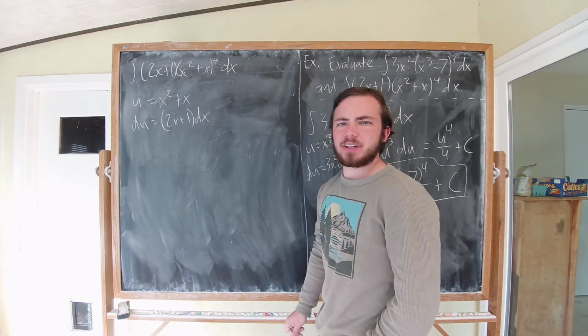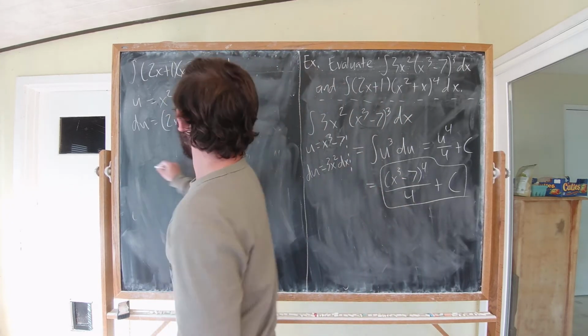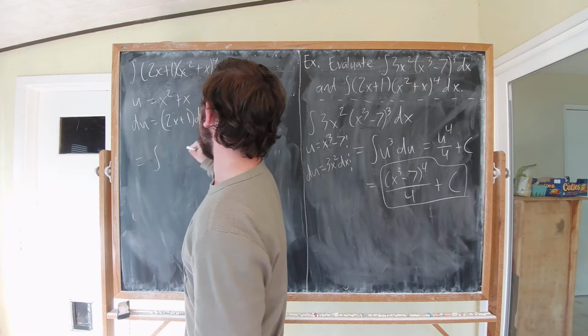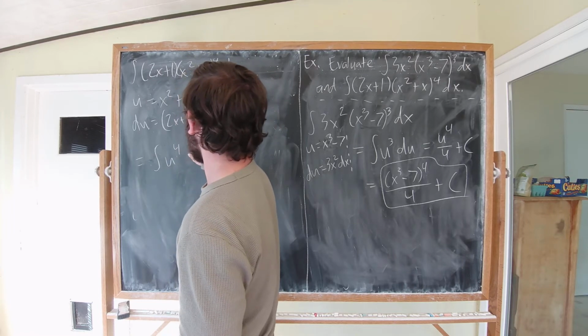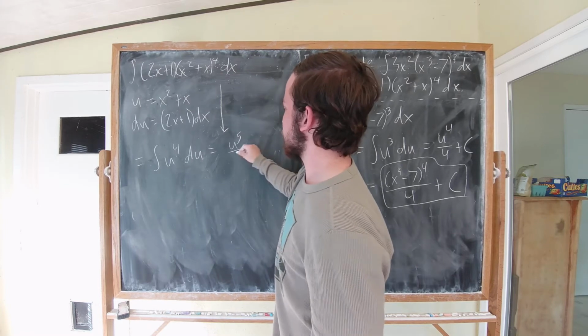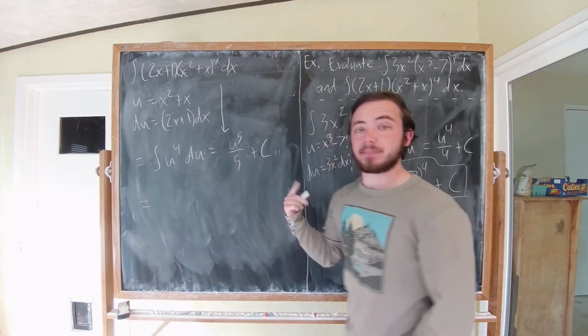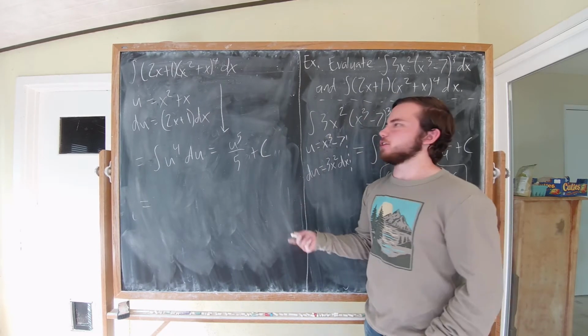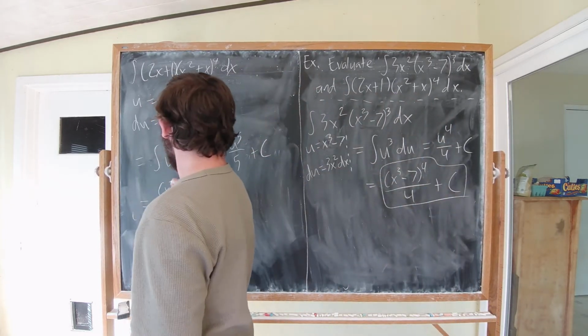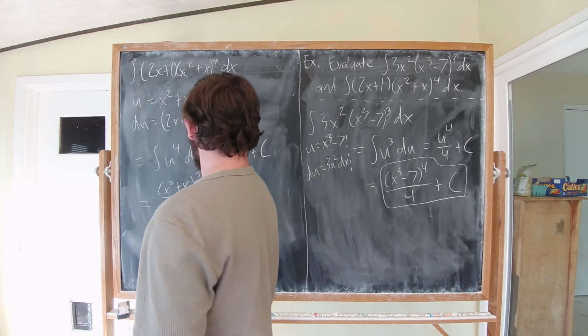And those substitutions take care of everything in the integral quite nicely. That becomes equal to the integral of u to the 4th power du, which is just u to the 5th over 5 plus c by the power rule.